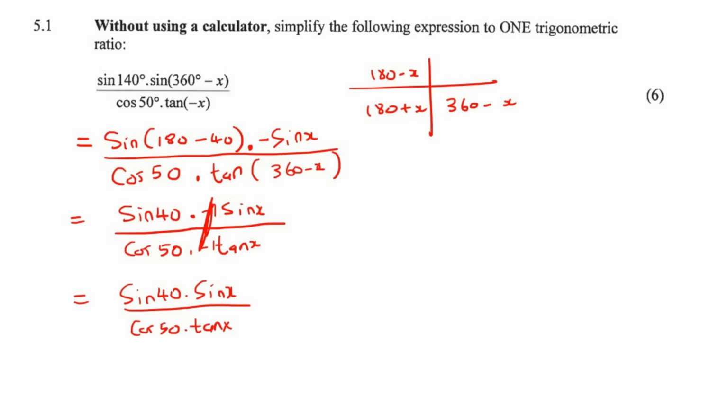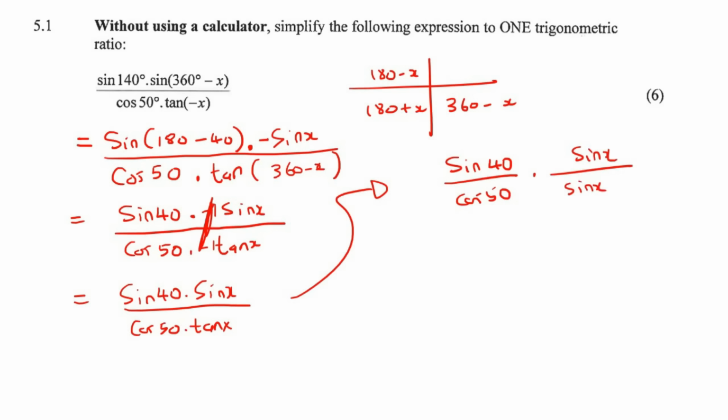Now, let's just quickly have a look here. Don't worry about these two over here. Let's just look at this tan x. We know that tan is the same as sin over cos. Now, let's just take a look at this part over here.